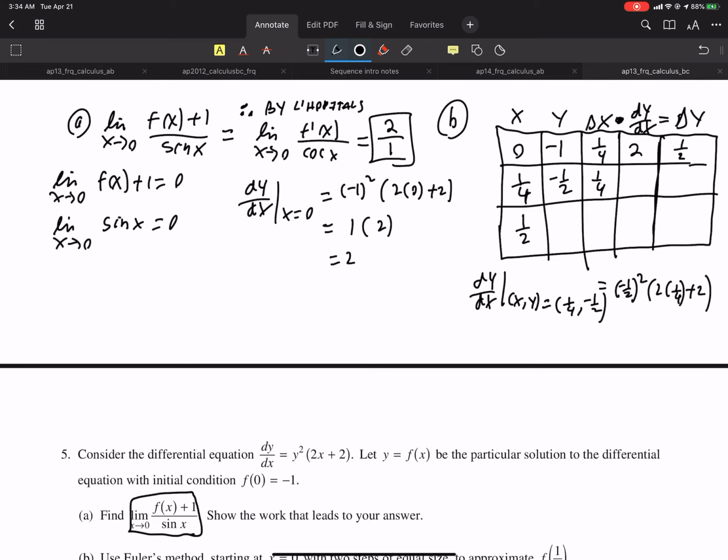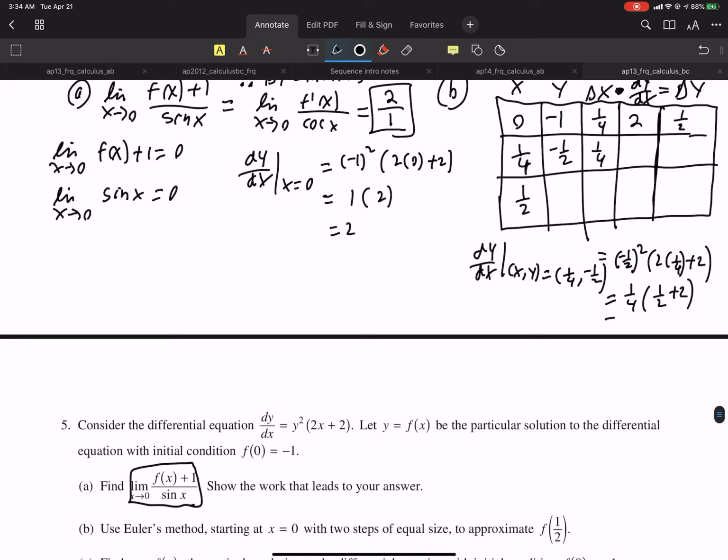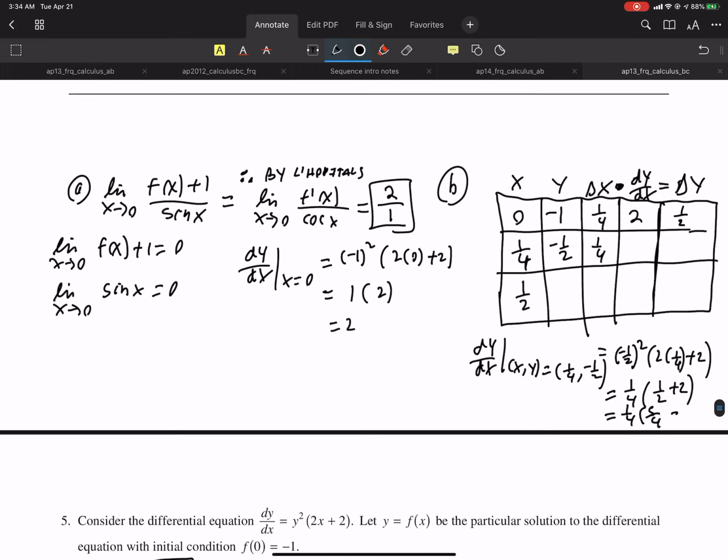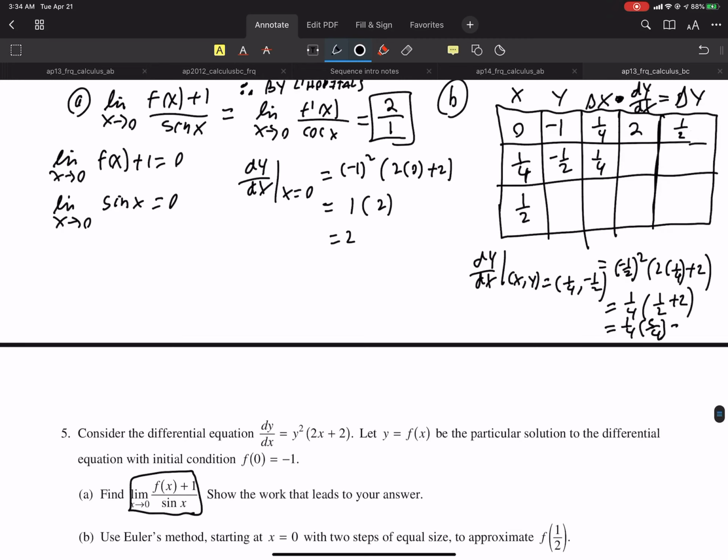That's ugliness. 1/4. That's going to be 1/2 plus 2. Is it that ugly, or am I just messing up? Which is 1/4. So it's going to be 4/4, 5/4. Is it that bad? Is it 5/16?